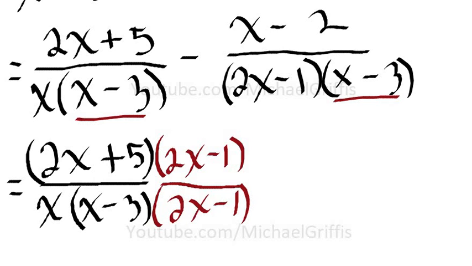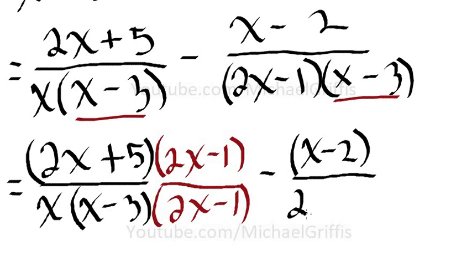Okay. Minus, I'm going to go ahead and put parentheses around this x minus 2 over, okay, let's see, what are we going to do? We're going to rewrite the 2x minus 1 and the x minus 3, we'll rewrite that.